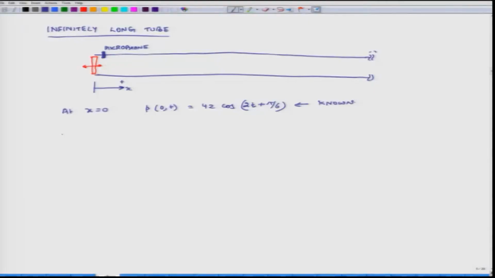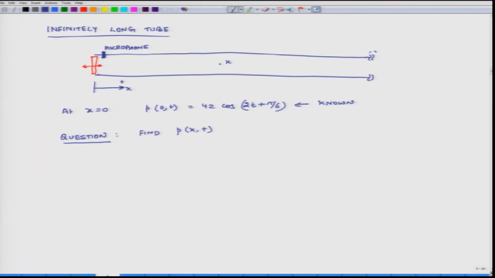So, this is the information we know, and the question is that at any given location, let us say a distance x away from the beginning of the tube, find the pressure at any given position x and at any time t.